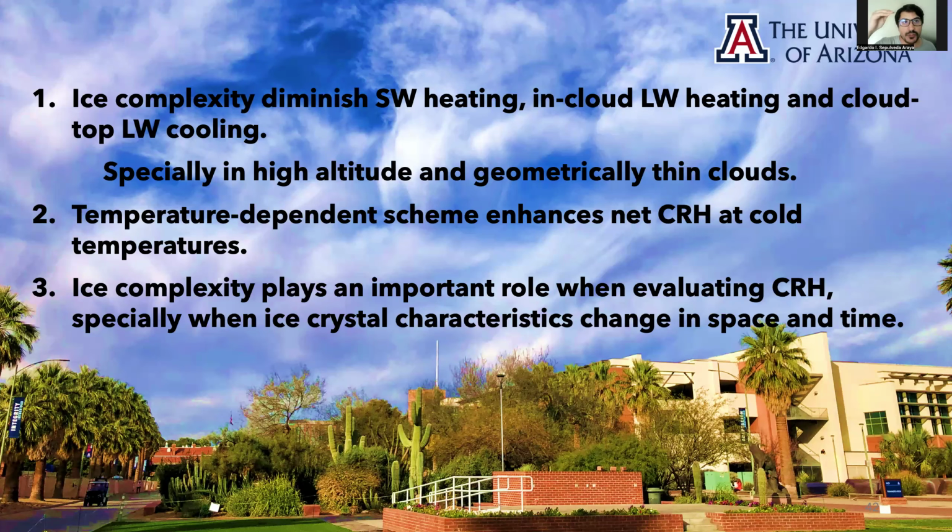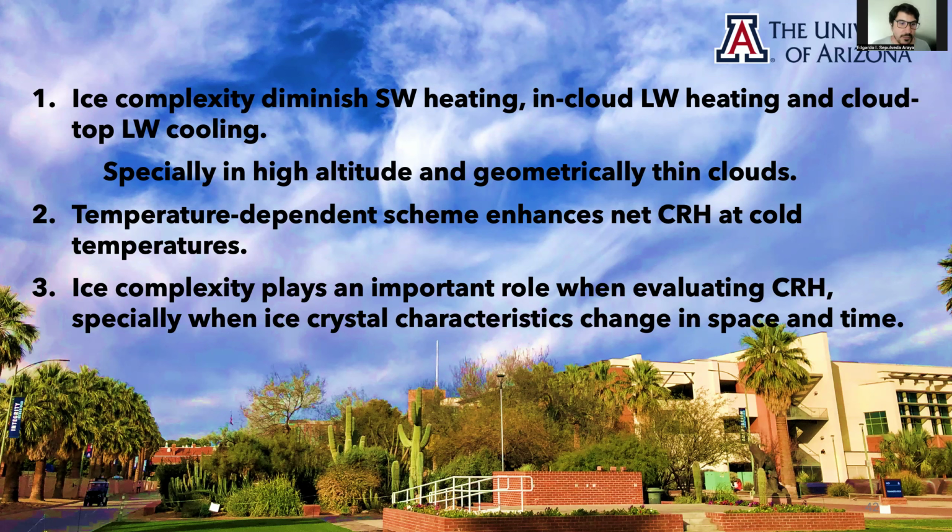For example, next to the tropical tropopause layer, we can find this highest sensitivity. This is in general for the ice complexity, but there are also other schemes that can include temperature in the parameterization. And in this case, a temperature-dependent scheme can, on the opposite, enhance the net Cloud-Radiative heating rates, specifically at high altitude or in cold temperature environments.